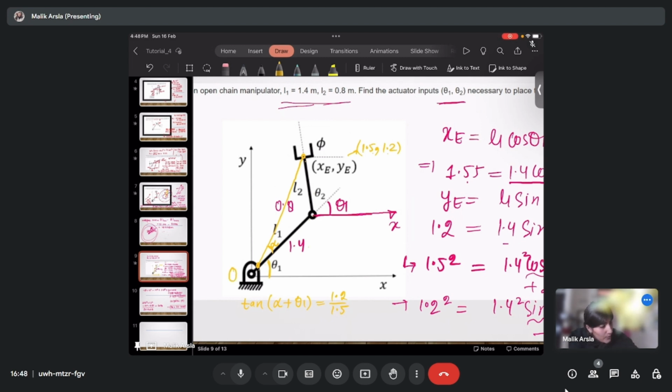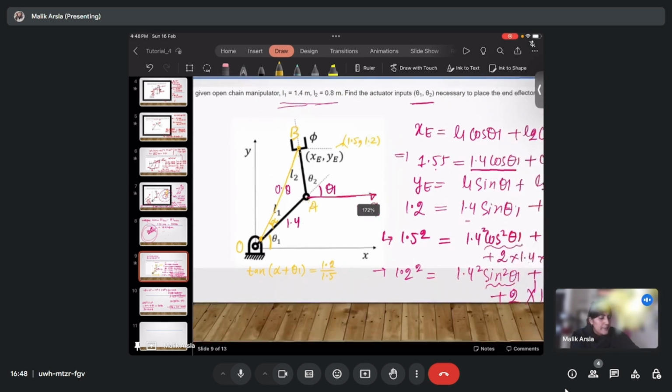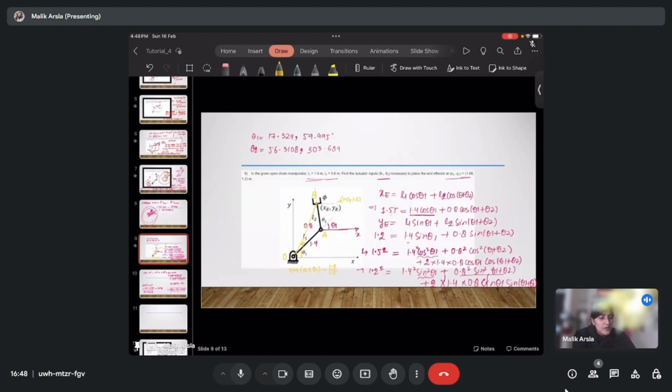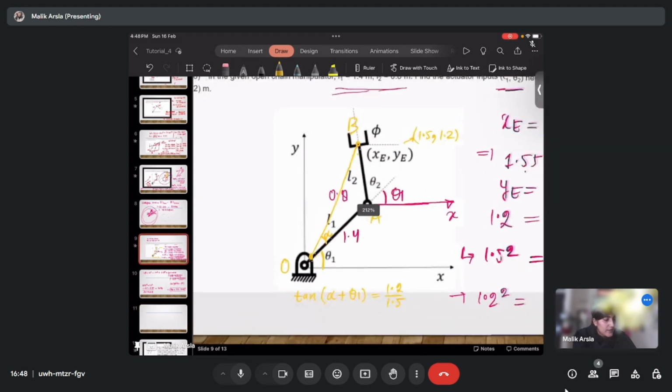This is O, this is A, and this is B. So it will be OA square plus OB square minus AB square equal to twice cos alpha into OA into OB. Basically the cosine rule I am applying here. Did you understand this?